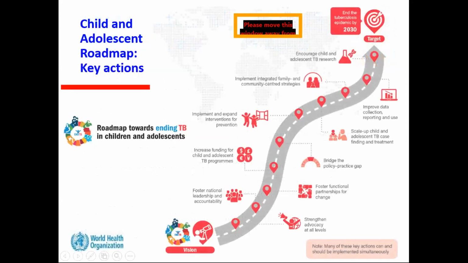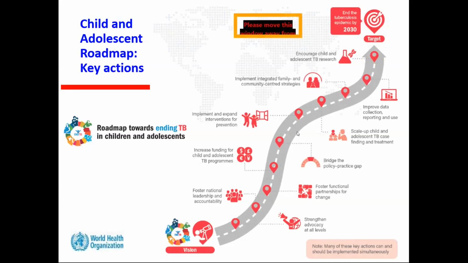And so the roadmap basically gives us a vision of where we are starting from and going to the target of the 2030 End TB targets. And these key action points are required to be implemented simultaneously or along the way so that we can get to this target of ending TB.